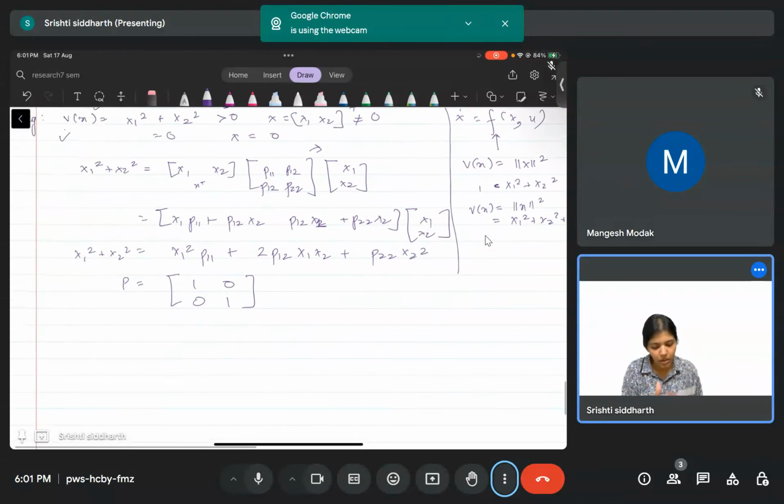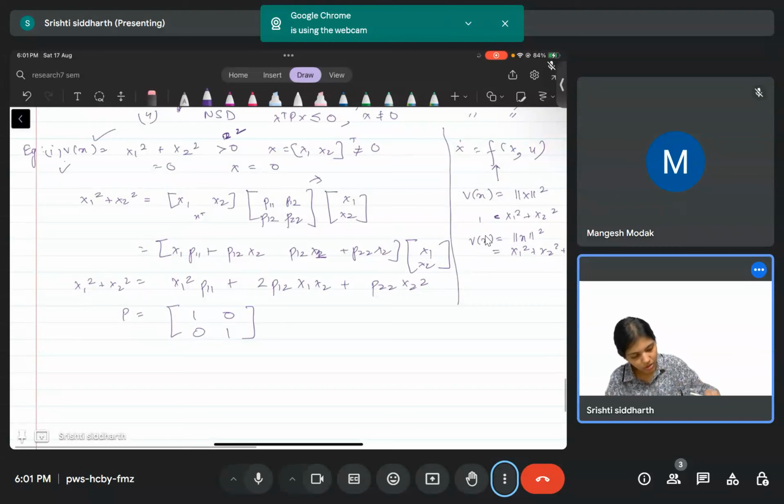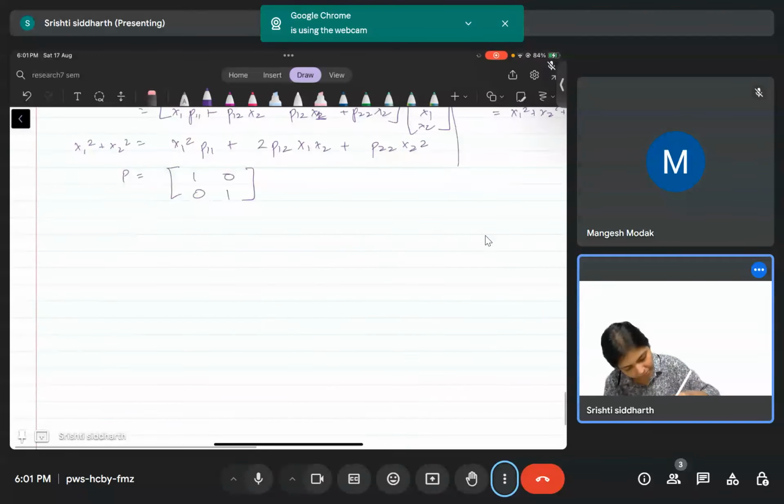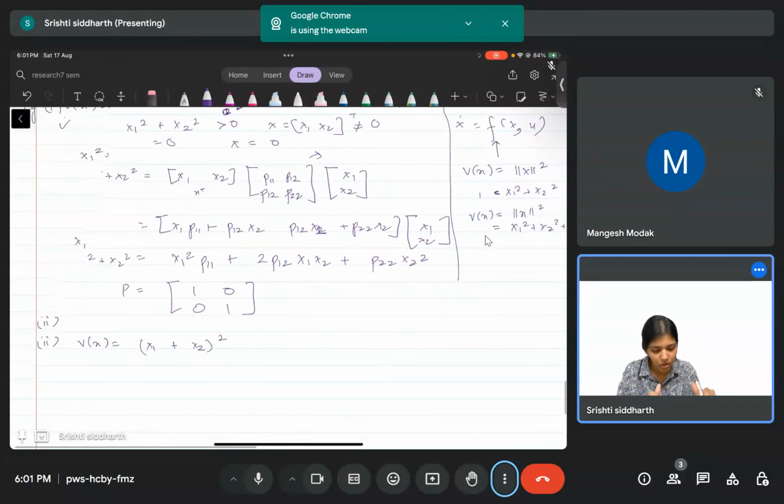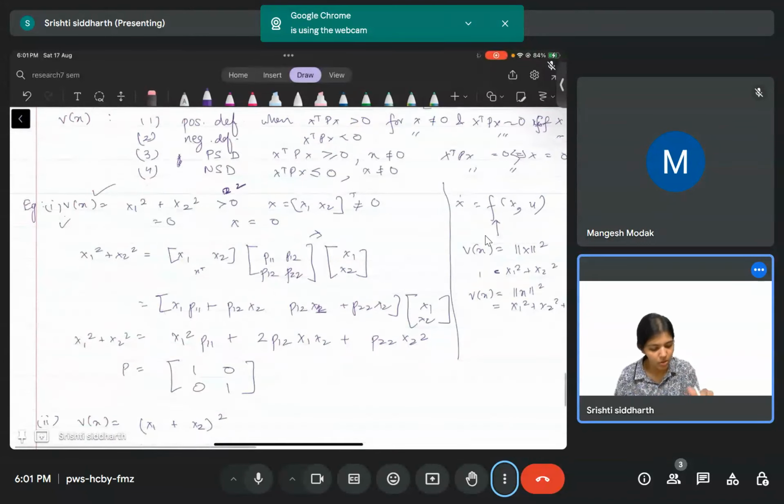Okay. This was first. Is this function positive definite, semi-definite, or any of those other two options? So let's check.